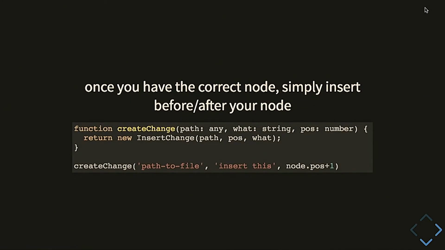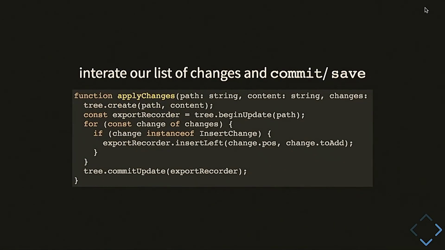So once you've located your correct node, you need to create a change object. And there are different types of change object: insert change, update change, delete change, and so on. So all you need to tell it is essentially the text and the position, and then you hand it over, right? And then you do an apply changes.